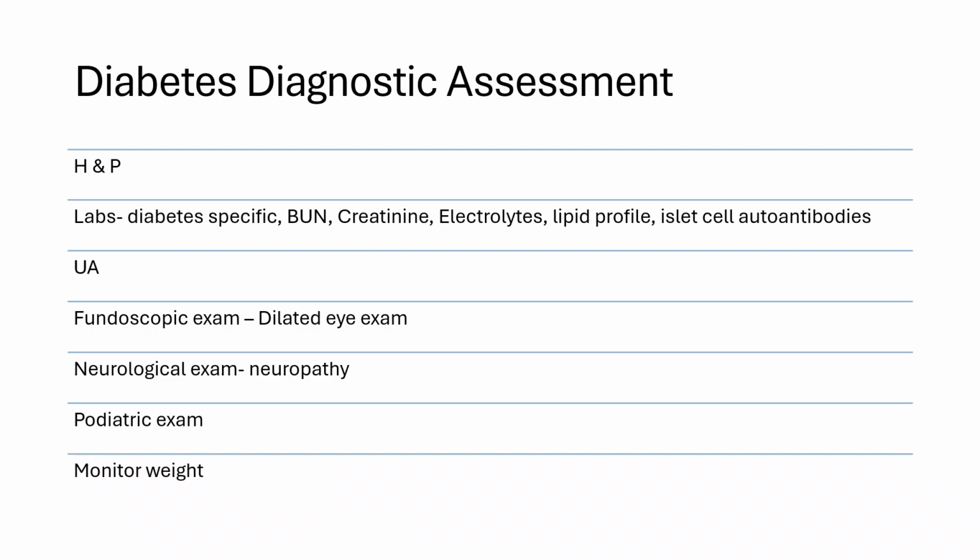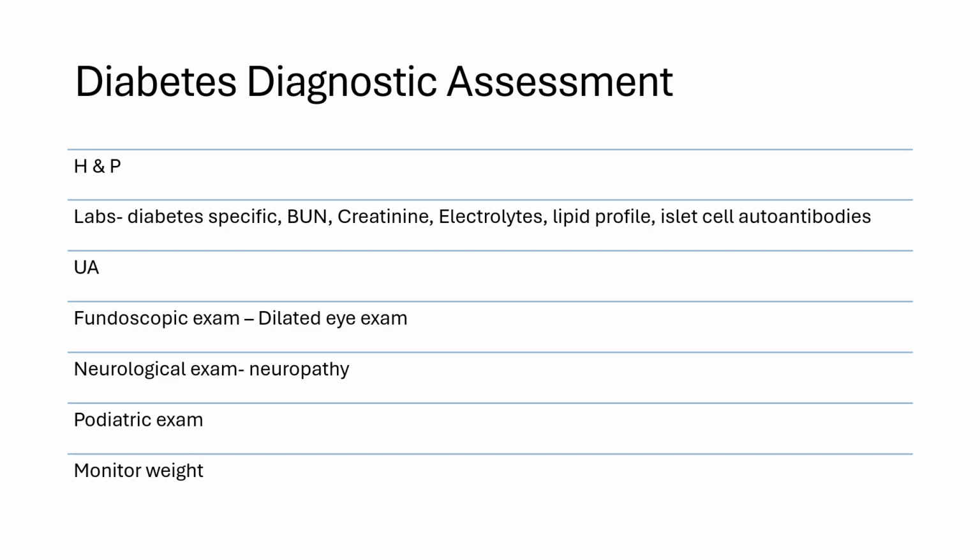We'll look at some diabetes-specific labs: the BUN, creatinine, electrolytes, a lipid panel, and then the insulin cell autoantibodies, especially if we believe there is some hereditary component for type 1 diabetes. We'll look at a urine specimen to see if they are breaking down protein, and we'll see protein in the urine.